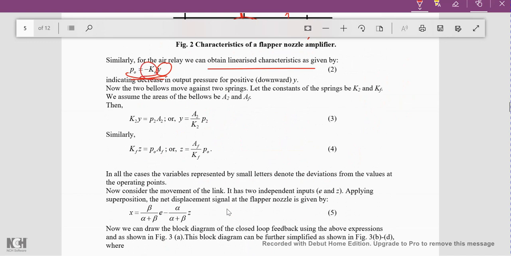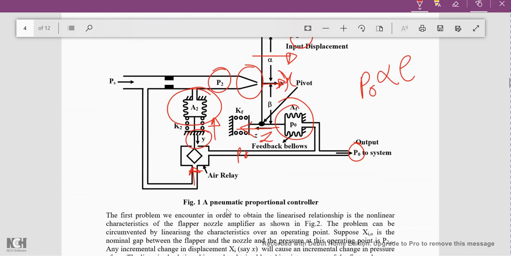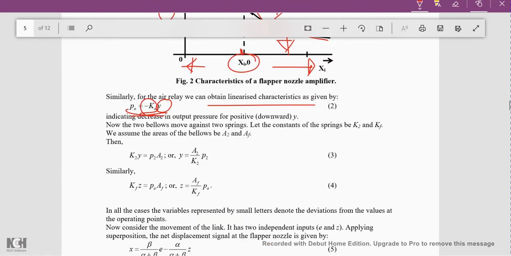It indicates the decrease in the pressure as the displacement comes in the downward direction, which is the positive direction of that particular valve, because as Y increases, the pressure starts decreasing, therefore P naught will decrease. That is how the negative characteristics is related again. So that is with regard to the P naught value, and that will be the final output.